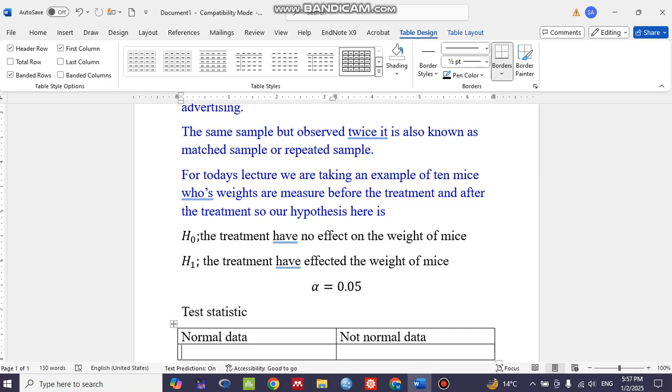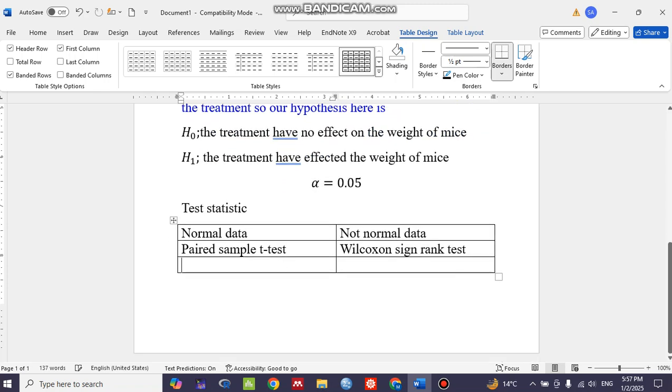For the normal data, we have the option of paired sample t-test, and for not normal data, we have Wilcoxon sign rank test.